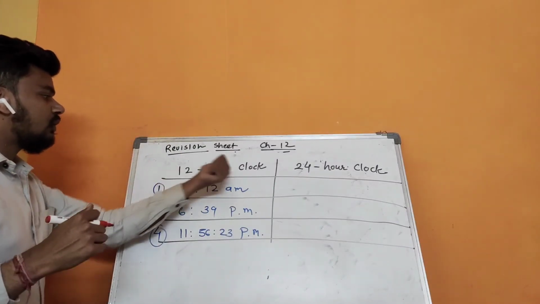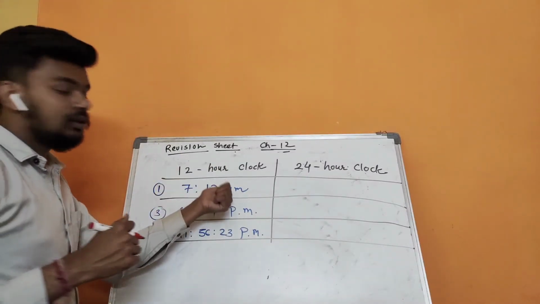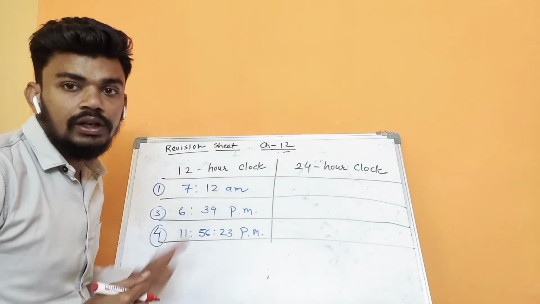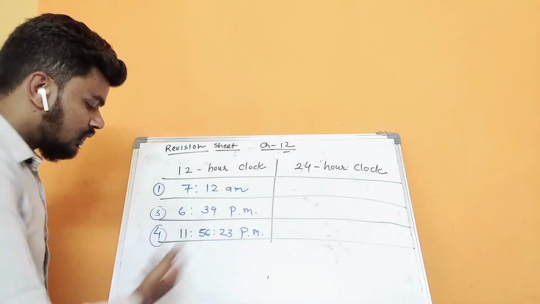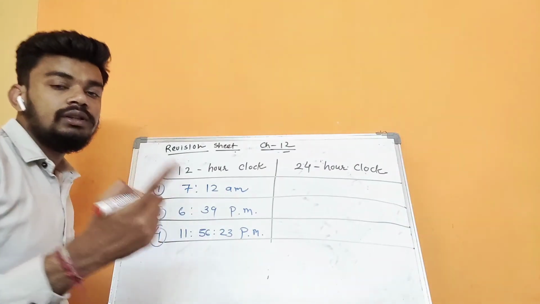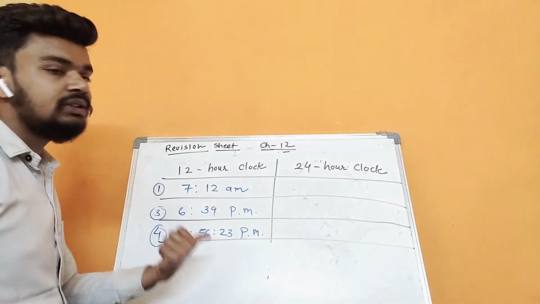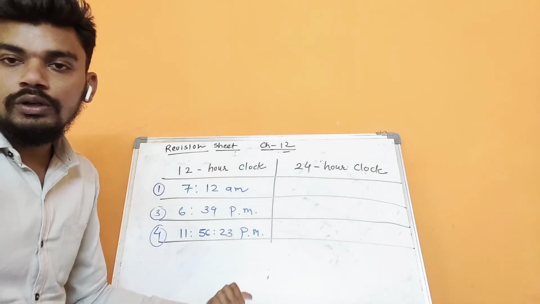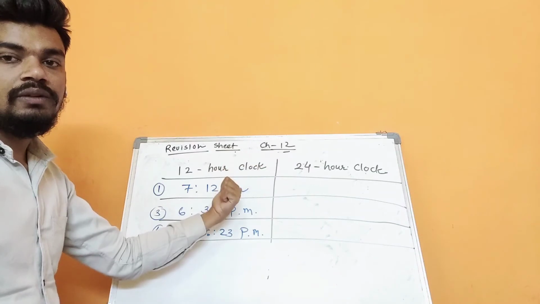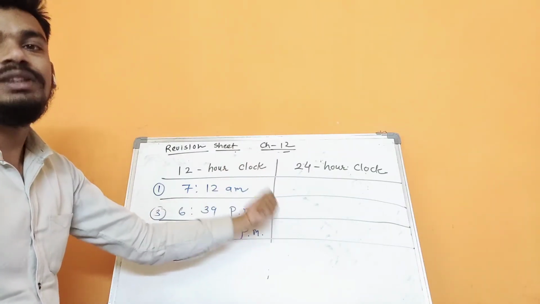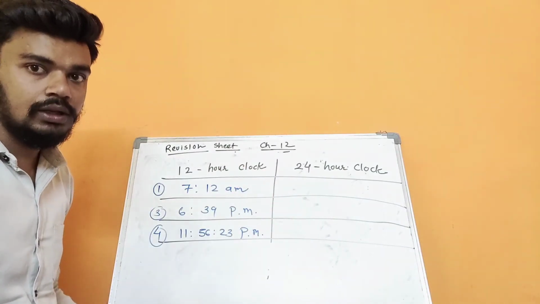Okay, so in the 12-hour clock the time is 7:12 a.m. a.m. means morning. So as I said previously also, one thing that you have to remember is that before the afternoon, in both clocks whatever time is given, both times are the same.